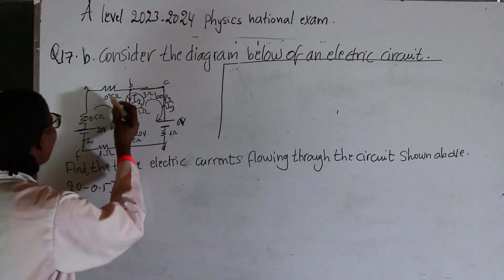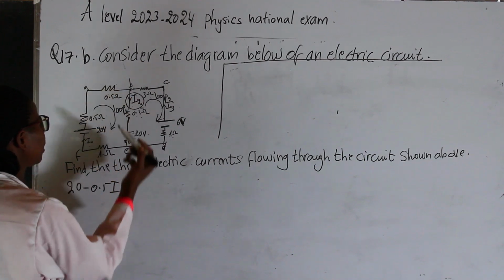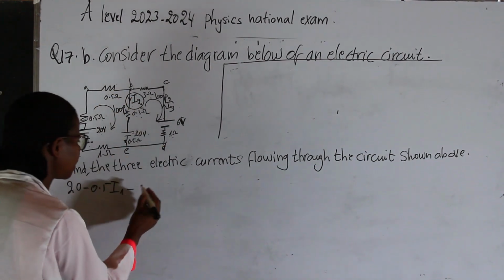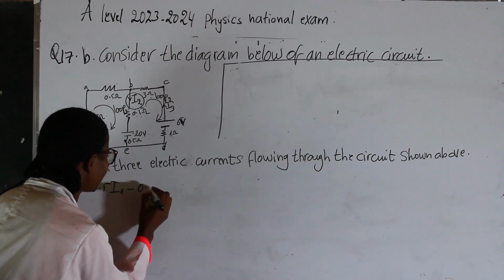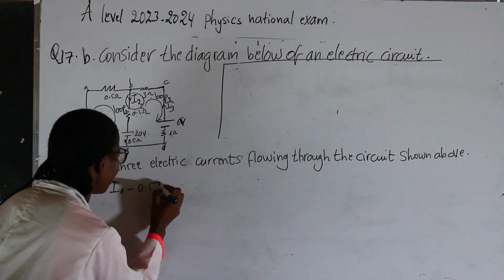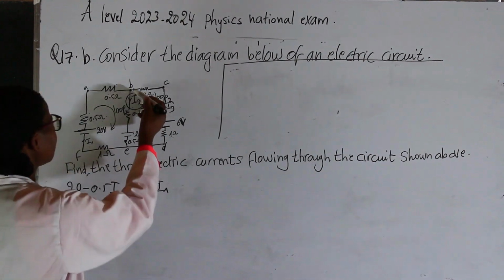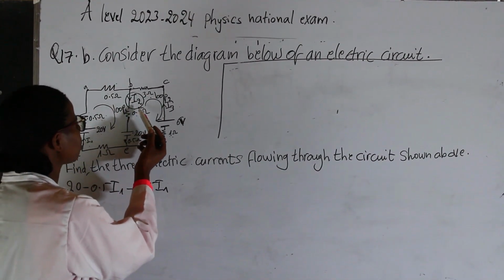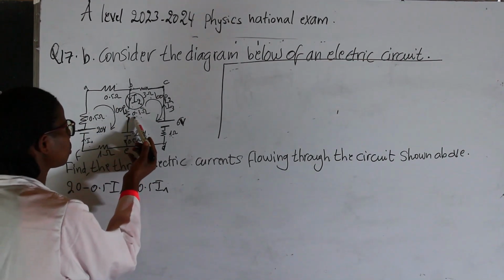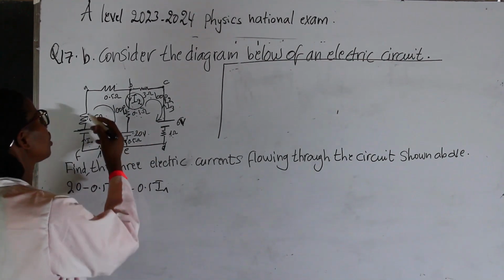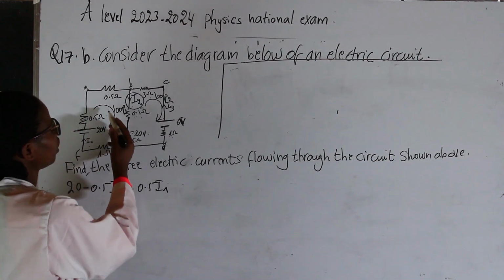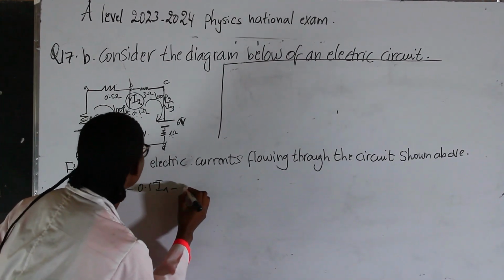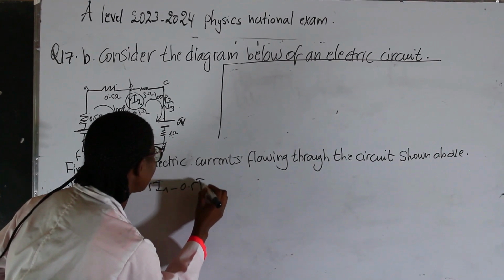Then, reaching this resistance, we still have current 1 passing in it, so V will be equal to 0.5 times I1 also. Reaching B, we reach current 2. This current 2 is passing through this resistance in the opposite direction to the loop, so we also have minus 0.5 times I2.